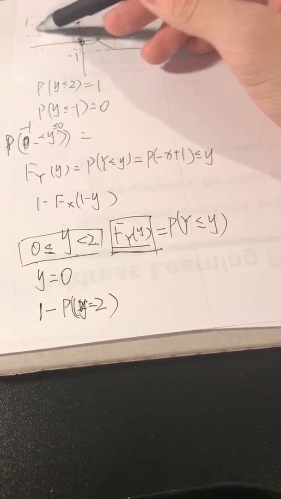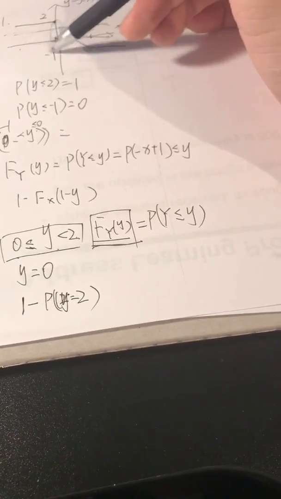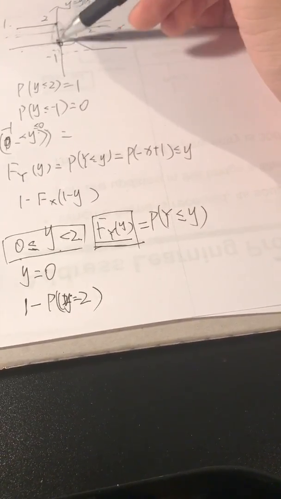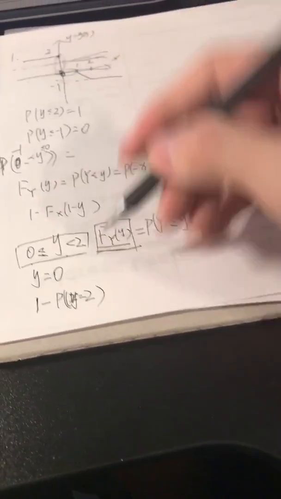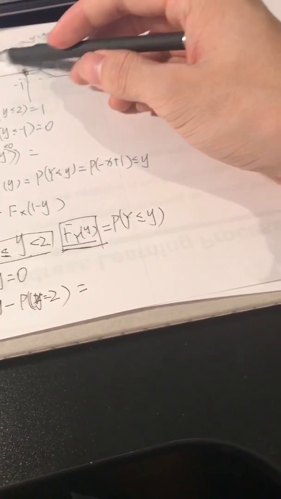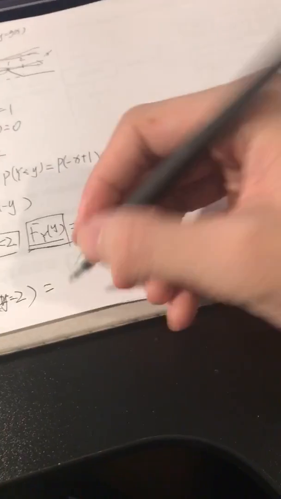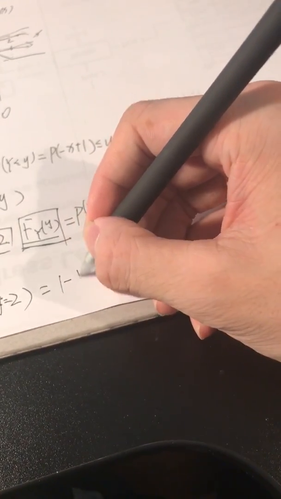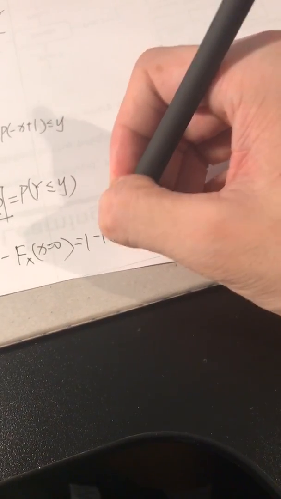Since y cannot be 2, and y can be any value between -1 and 2 except 2. So we can get the probability, it should be when y is equal to 2, x is smaller than 0. So this is the probability where x equals 0.